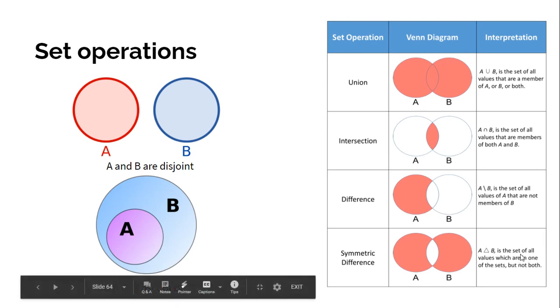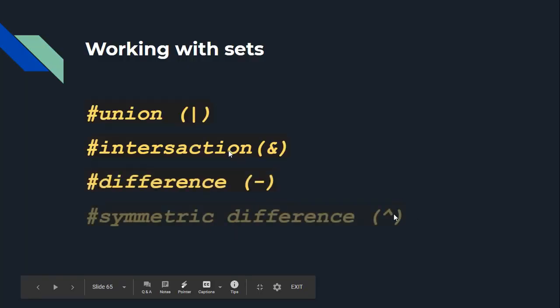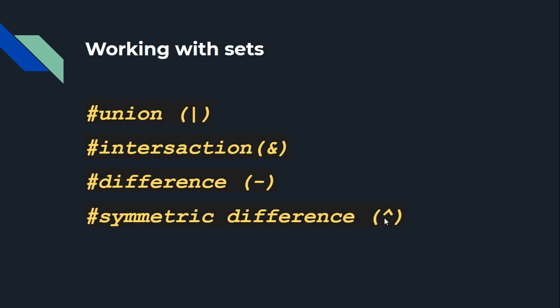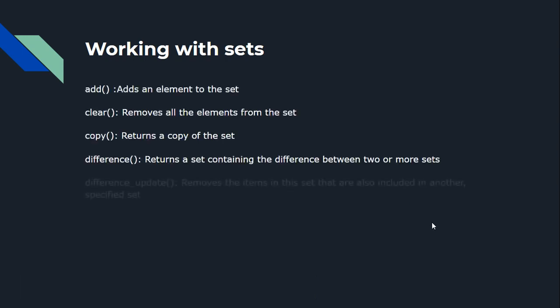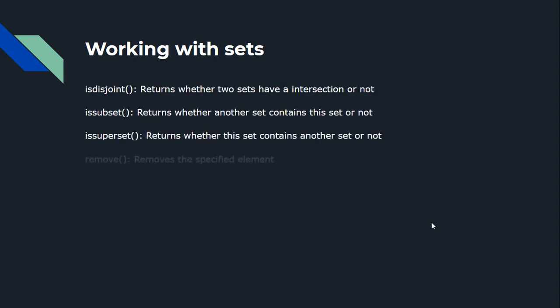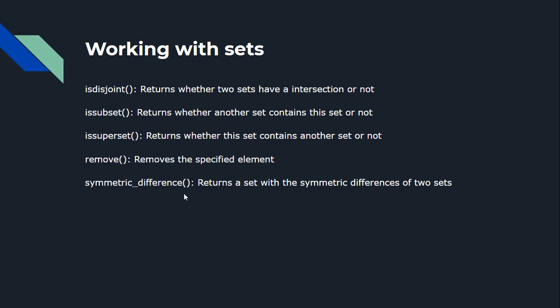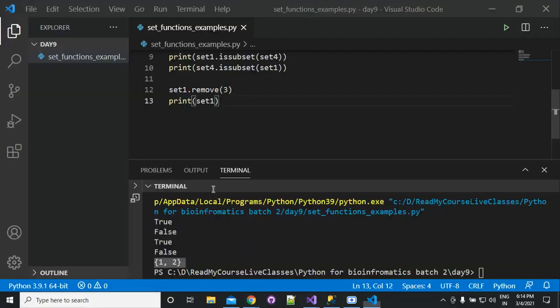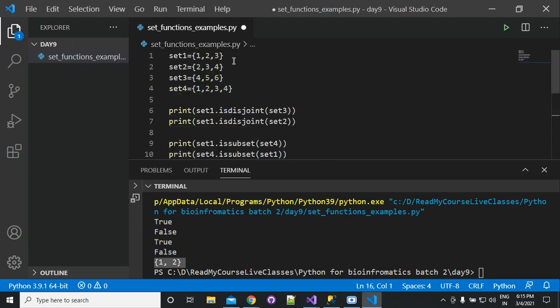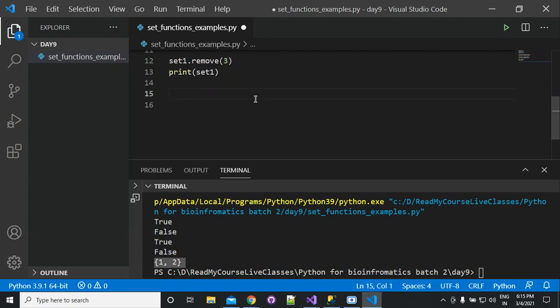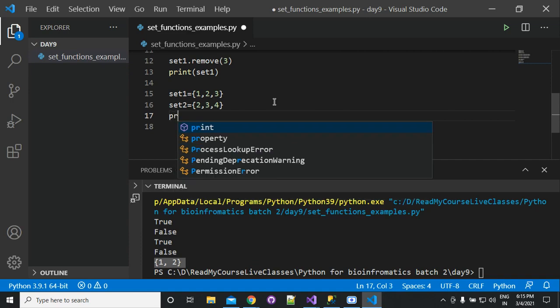So it returns the set of all values which are in one of the sets but not both. One way of writing symmetric difference was this operator. You can perform symmetric difference by this operator, or you can use the symmetric difference function directly. So suppose that we have this set 1 and set 2, and we want to perform the symmetric difference. There are two ways.